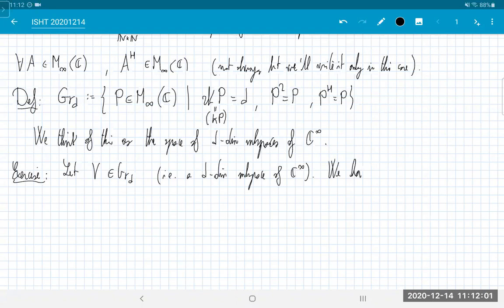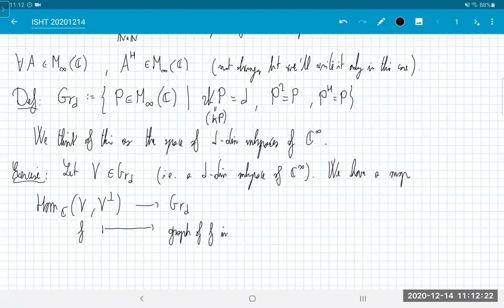We have a map from the C-linear homomorphisms from V to V orthogonal into Gr_d that sends F to the graph of F in V plus V orthogonal, which is C infinity.